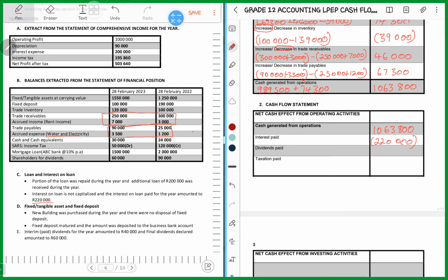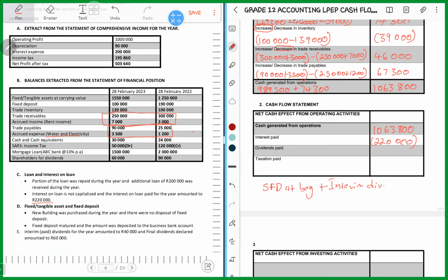Then for dividends paid, the answer is simple. The formula to calculate the dividends paid is shareholders for dividends, SFD, at the beginning, plus interim dividends. So this will be the formula.